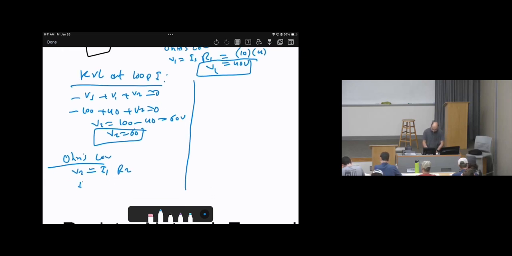Therefore I1 will be V2 over R2, which is 60, and R2 is 10 ohms, so the answer will be 6 amperes. I1 equals 6 amperes.